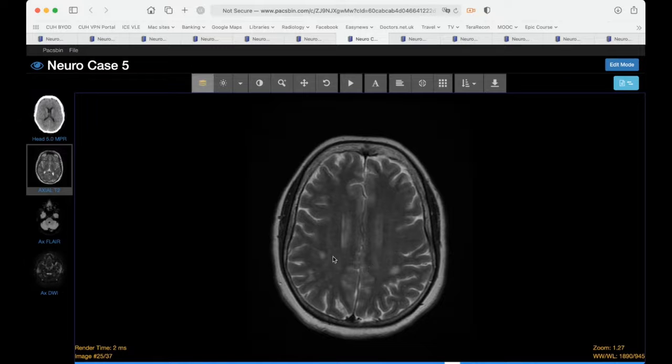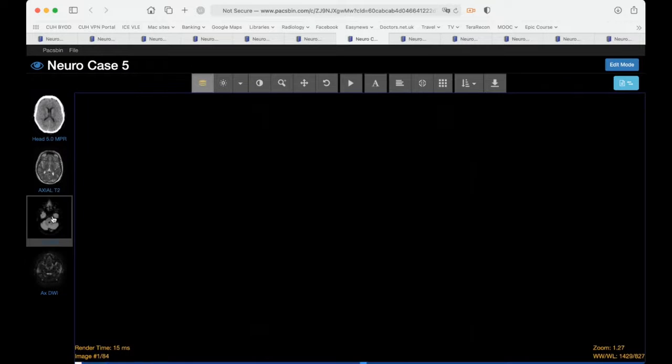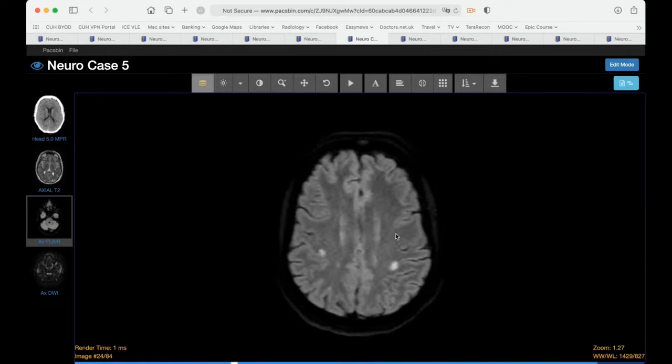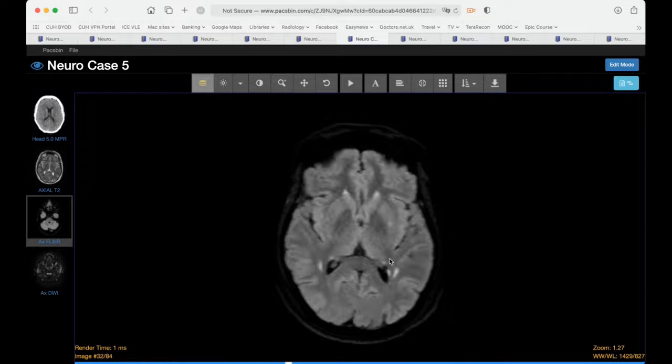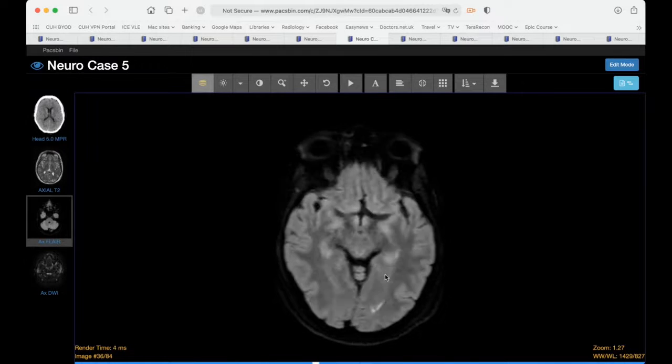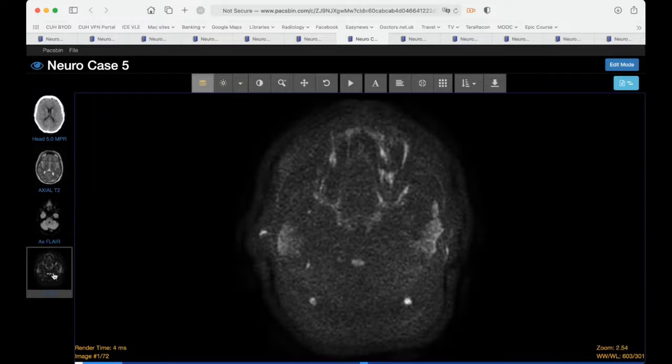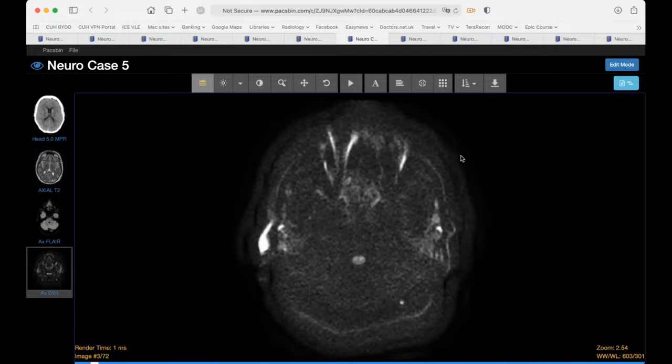There's a couple of hyperintense foci in the parietal deep white matter, and this is the FLAIR. A few more dots evident. And have a look at the DWI.